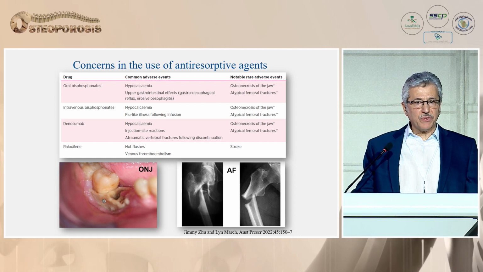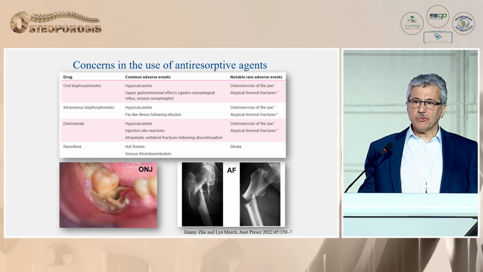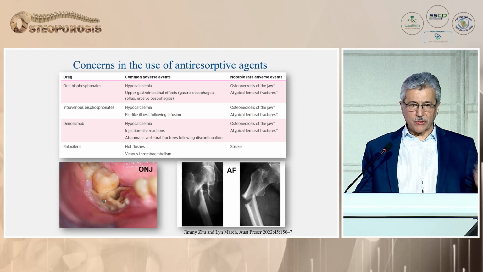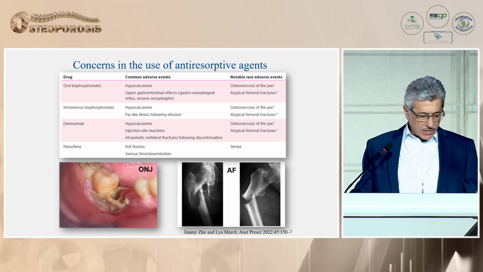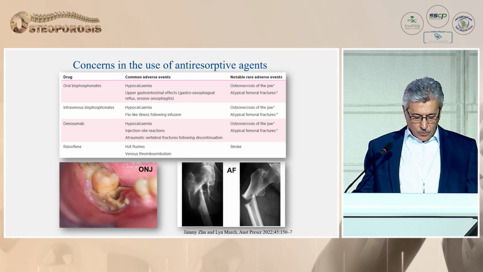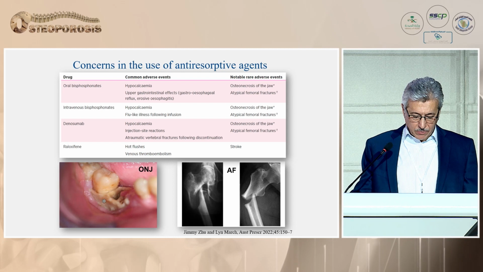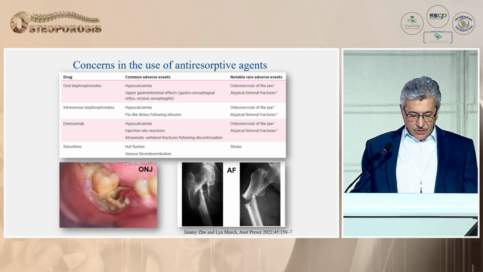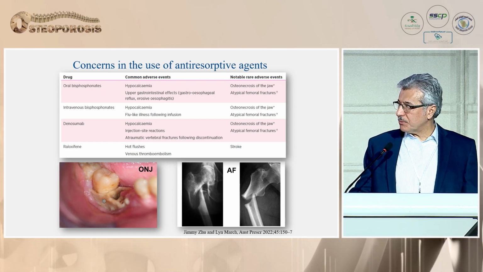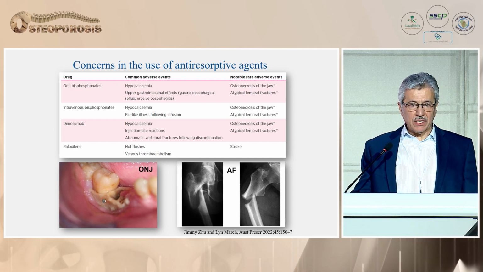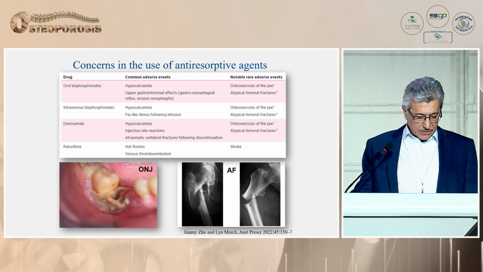We replace them before, and sometimes we have to check, especially with zoledronic acid and denosumab, because they are the strongest agents in terms of anti-resorption. For raloxifene, the selective estrogen receptor modulator, hot flashes and even venous thromboembolism were reported, and rarely a cardiovascular event.